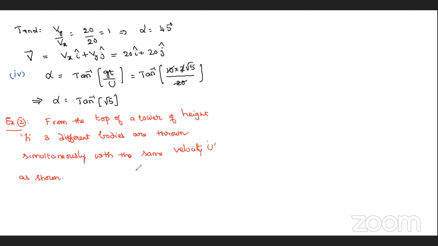I will draw the diagram later. First you see the question. As shown, show that the ratio of velocities while striking the ground is 1:1:1.